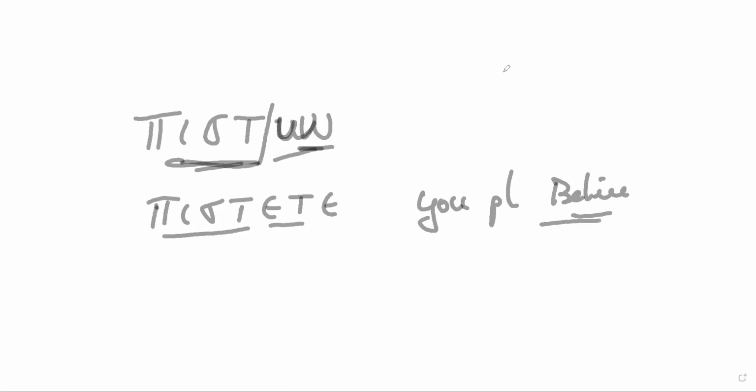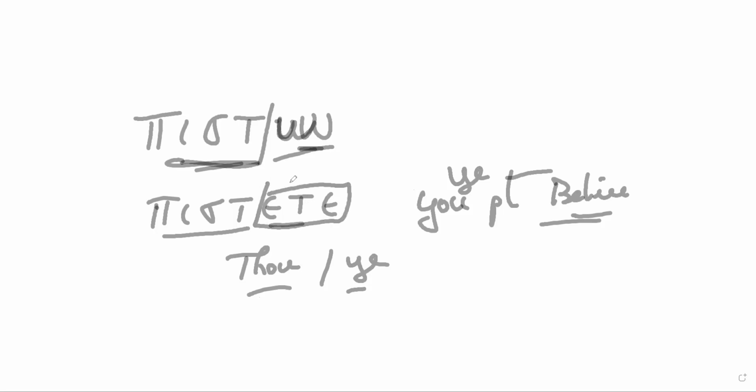I guess having a background in the Greek language, this is why sometimes I like the King James version of the Bible. Because in the modern translations, you don't get this differentiation between thou and ye. See, this would be ye believe, not thou believes. Okay, so the ending again, pisteuo, pisteuete.